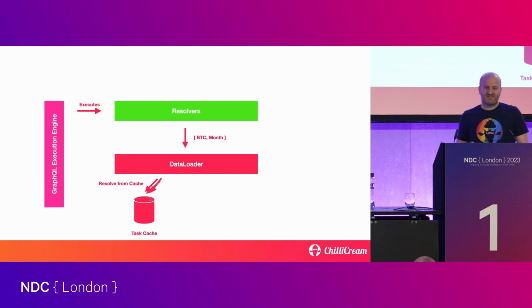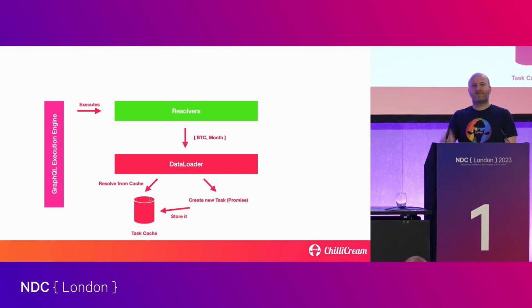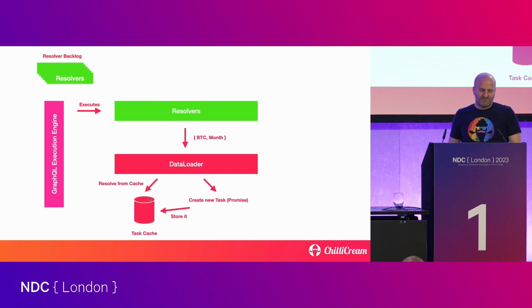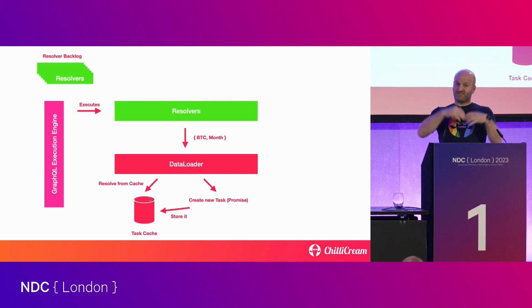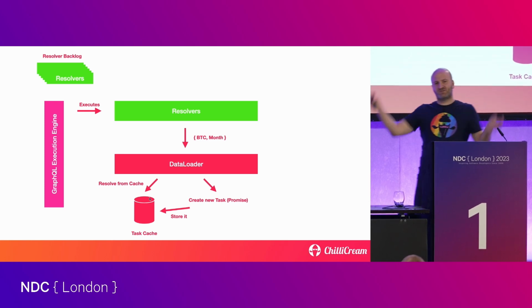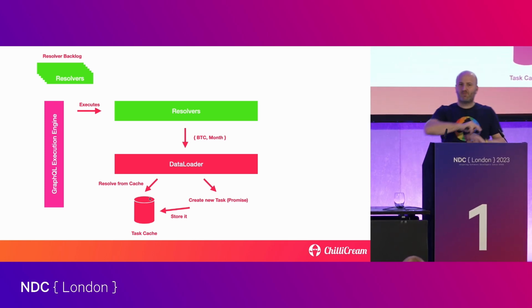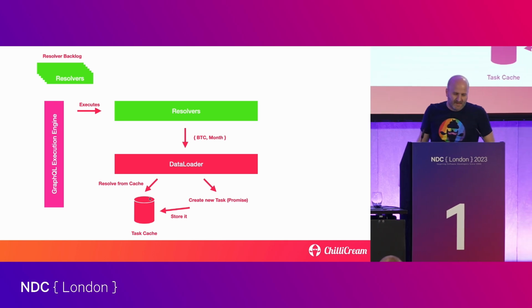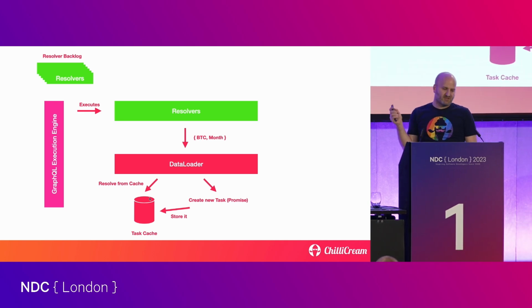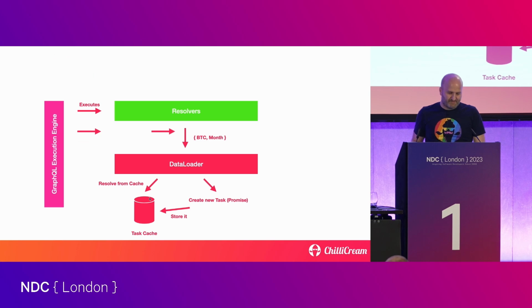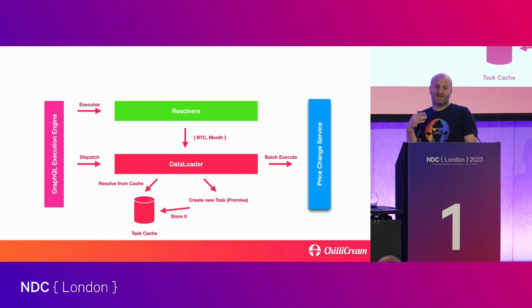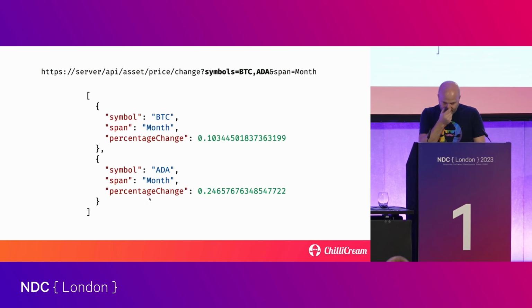If not, it will just issue a new task, and you can await that task. And that will lead your execution engine at some point to deadlock. That means your execution engine cannot do anything anymore because it's just awaiting everything. And at that point, the execution engine will dispatch the data fetching calls to this backend and get all the data in one call.